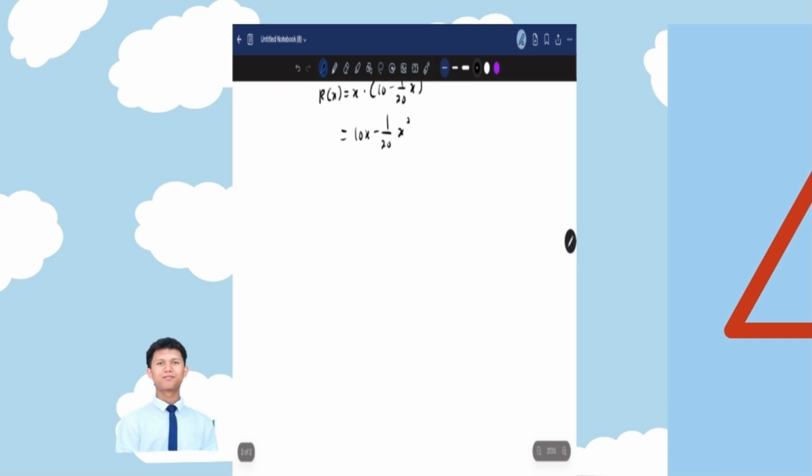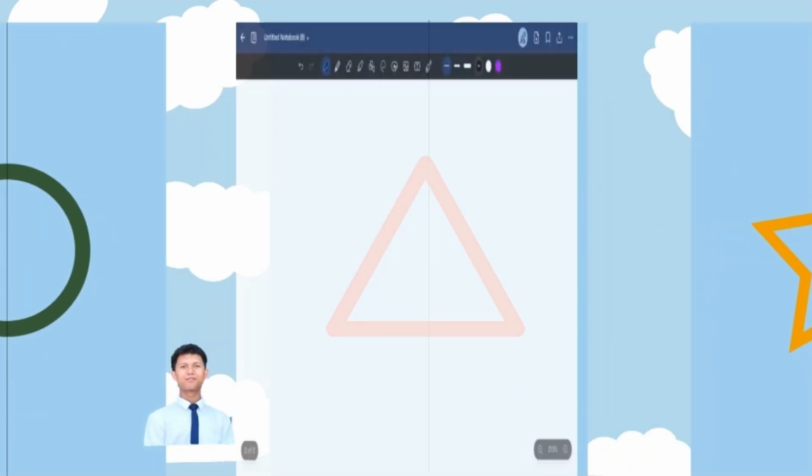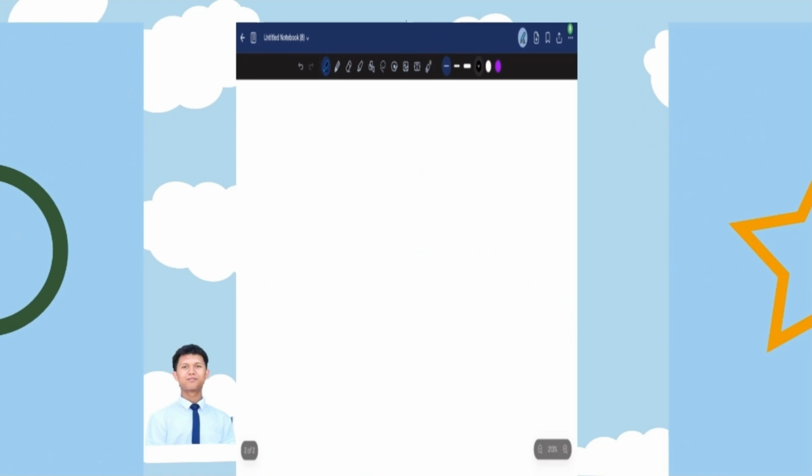Therefore, the profit function P(x) is expressed as 1 over 20x times (200 minus x).